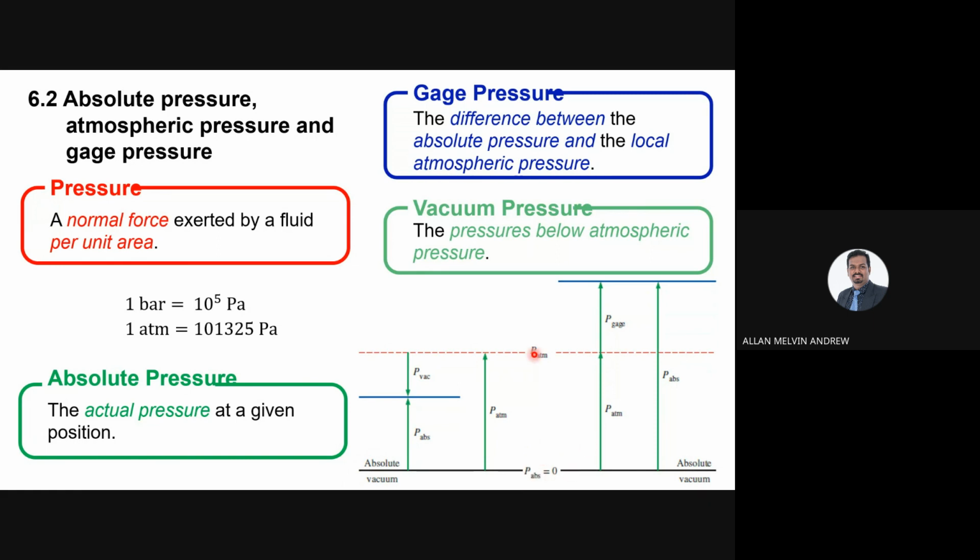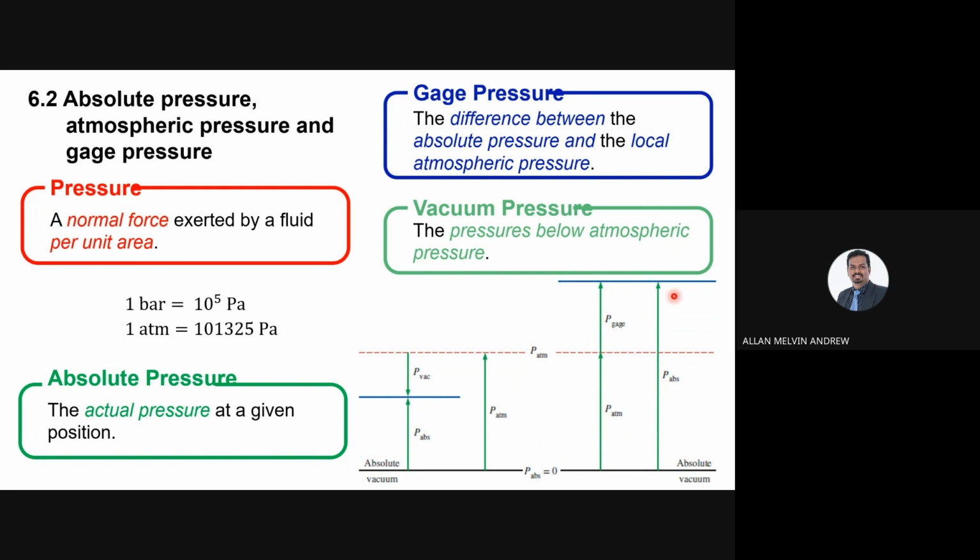Okay, so you can see from here, from absolute vacuum to the local atmospheric pressure, we call it vacuum pressure, and from atmospheric pressure upward, the one that we measure, we call it gauge pressure. Absolute pressure is from absolute vacuum until the current pressure.